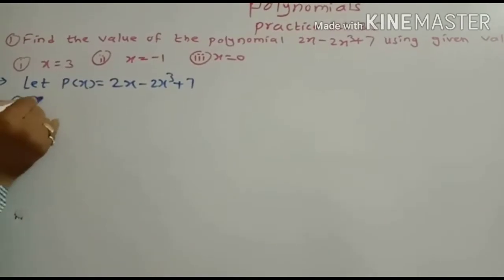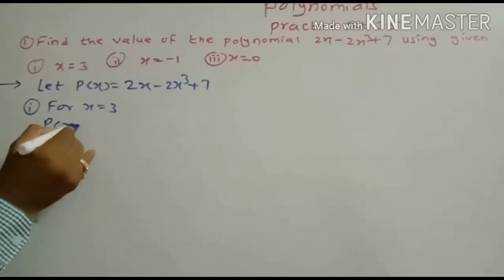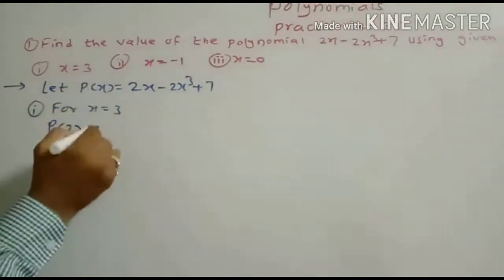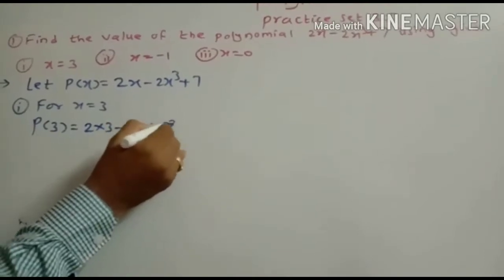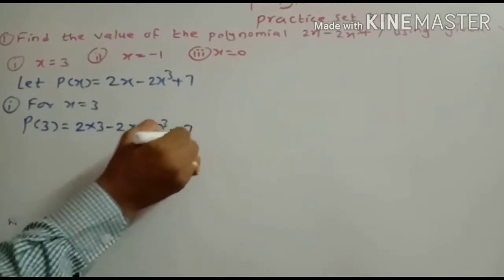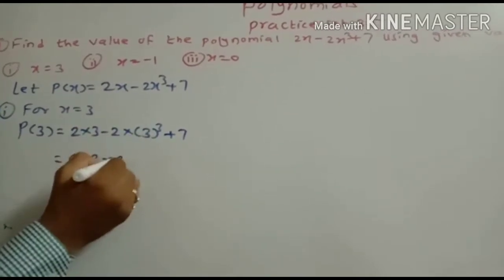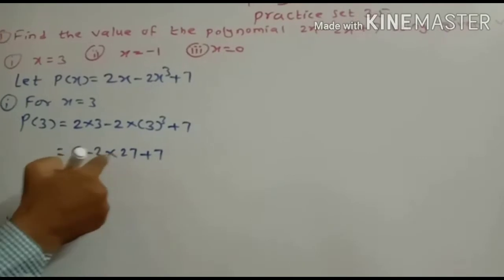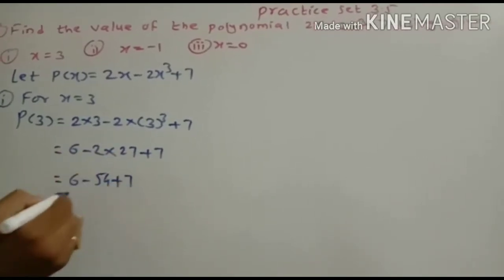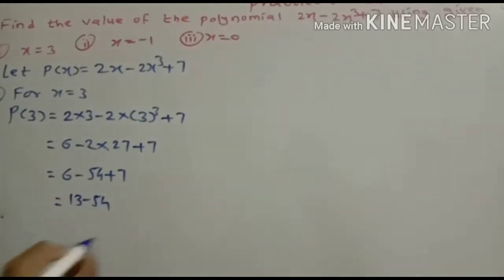Now for x is equal to 3, we put p of 3. Instead of x we put 3: 2 into 3 minus 2 into cube of 3 plus 7. 2 threes are 6 minus 2 into cube of 3, which is 27, plus 7. 6 minus 54 plus 7, that is 6 plus 7 is 13, 13 minus 54.